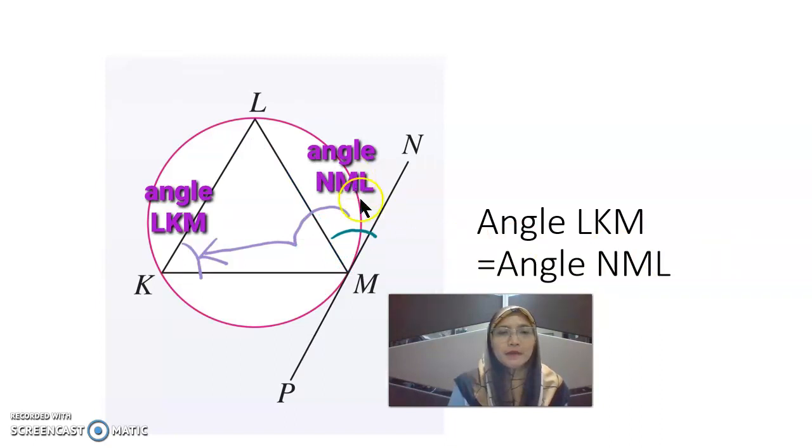Next, angle NML jump into opposite. Angle NML is equal to angle LKM.